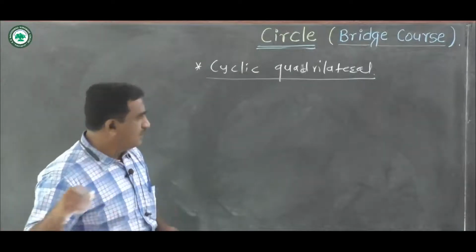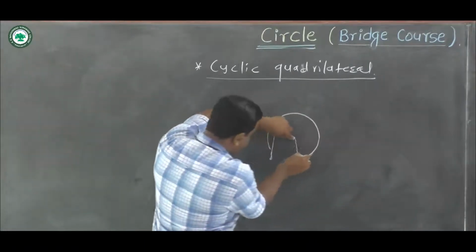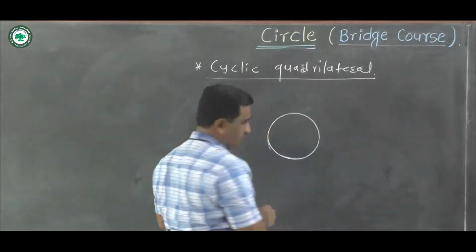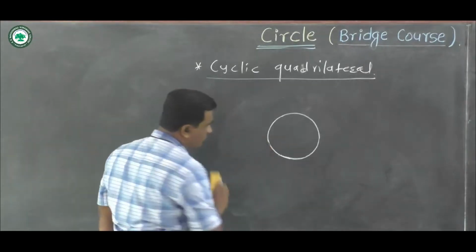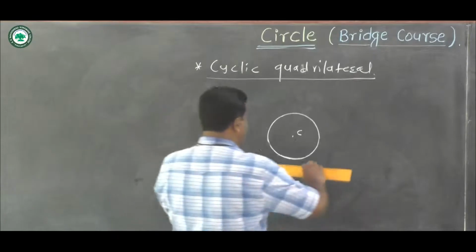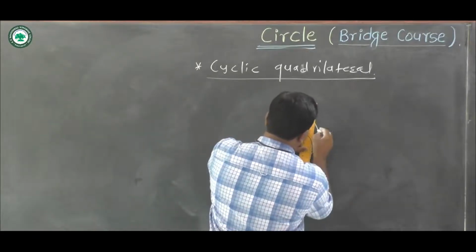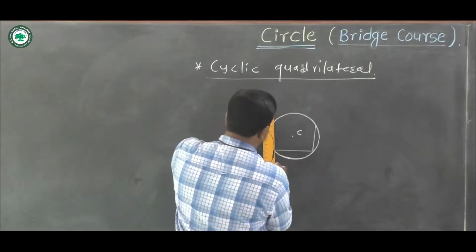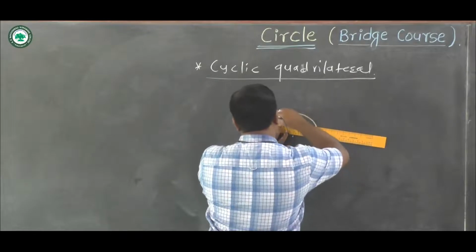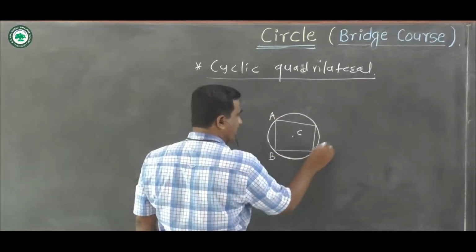We can draw a figure here. Now this is a circle having center C. We can draw here a quadrilateral ABDE.